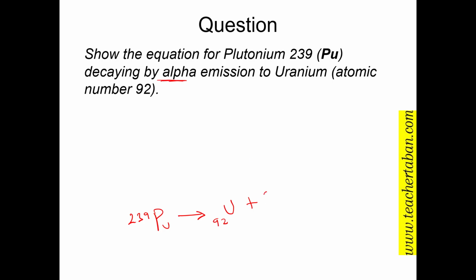So we simply add one alpha particle and then plus energy, like that. Now what we don't have is the atomic number of Pu and the atomic mass of U. So you need to first of all find these values and then write another full equation.